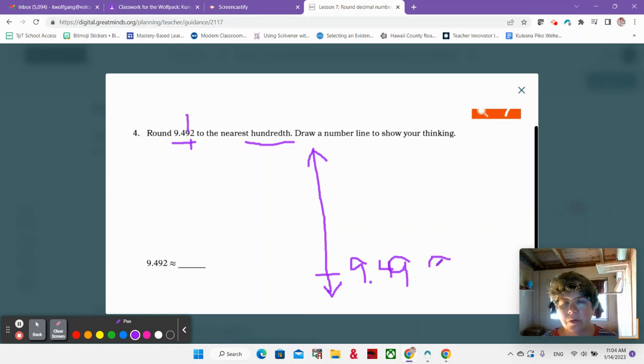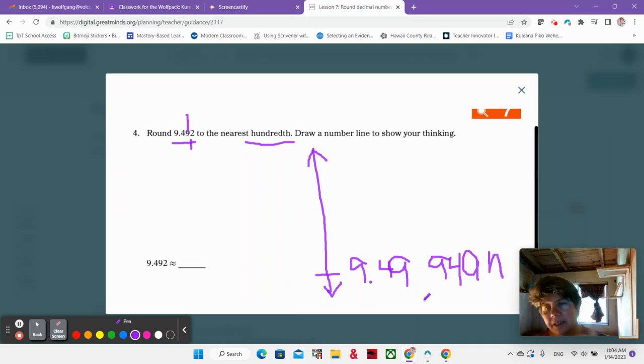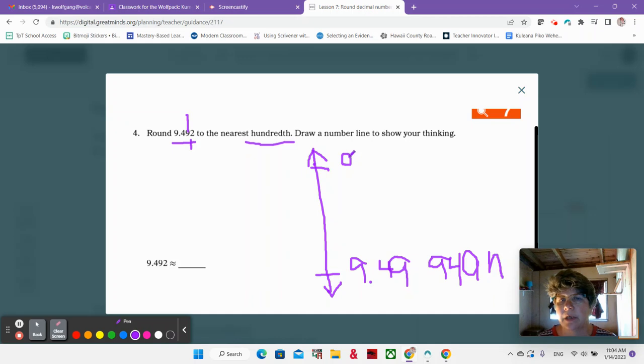All right, this is also known as 949 hundredths, okay? Very good. Then we're going to do the same process every time. Now we're going to ask ourselves, what's 100th more? And that's what's going to go at the top. So 100th more would be 9 and 50 hundredths, right?